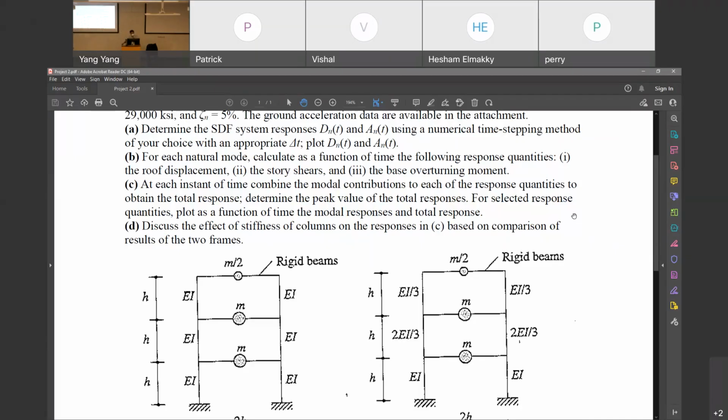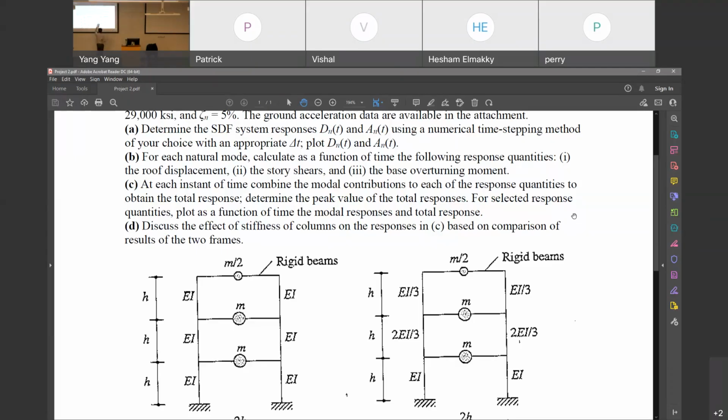Does that make sense? A little bit of structural analysis, but very basic structural analysis. Like you know the stiffness here, the displacement here, the displacement here. What is the shear force in that column? Easy, right?